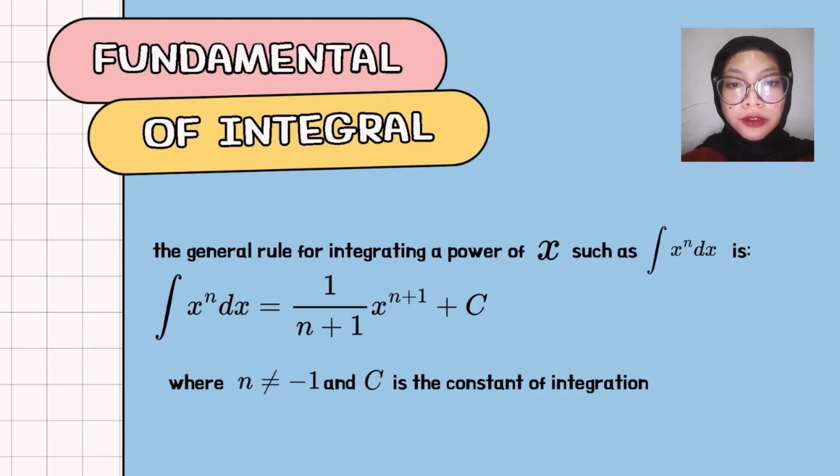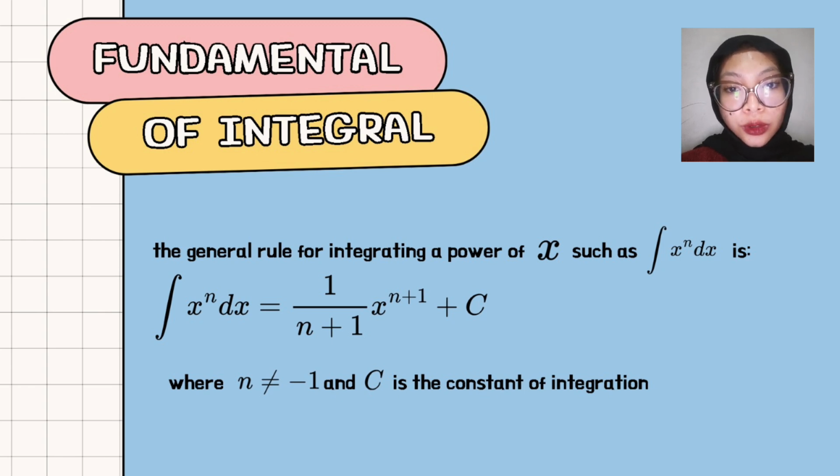Now that we have reviewed the basics of differentiation, let's move on to the fundamental concept of integration. In contrast to differentiation, which breaks a function down into its rate of change, integration combines or accumulates values over an interval. The most basic form of integration is called indefinite integration, which finds the original function, also known as the antiderivative, from its derivative.